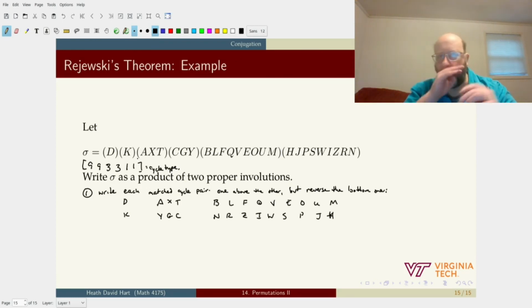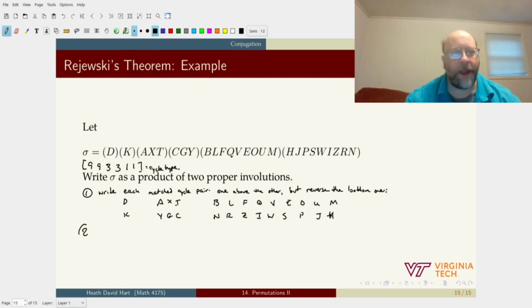I can pair them up however I want to. And so this first step is hard to mess up. You just want to write one cycle over the reverse of the other cycle.